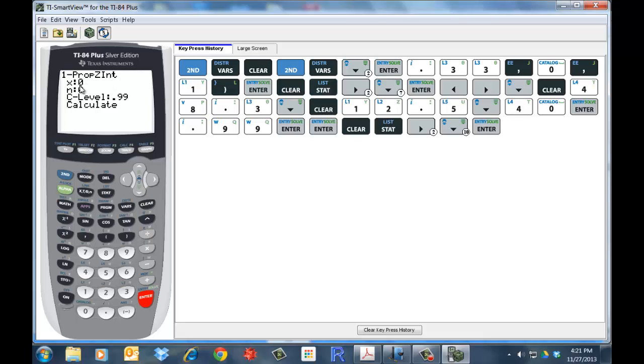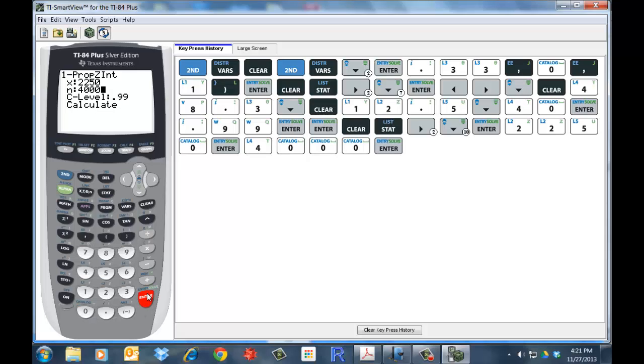And notice all they're asking you for is x, which is 2250, and n, the sample size, which is 4,000. And the confidence level is 0.95. And then calculate and enter.